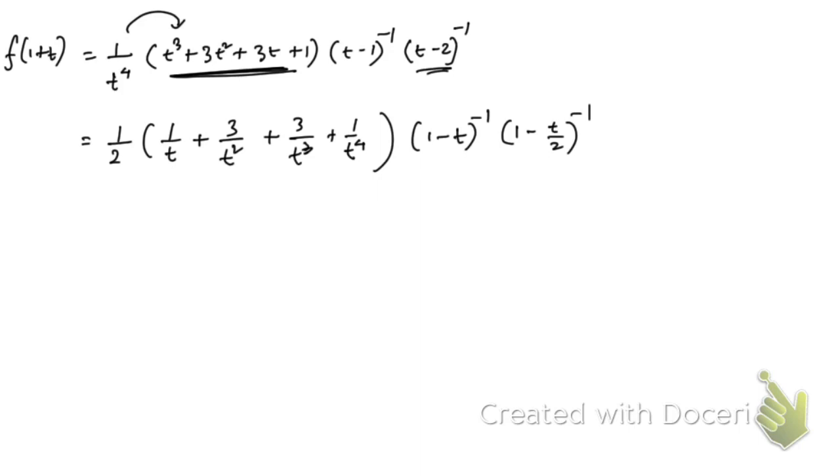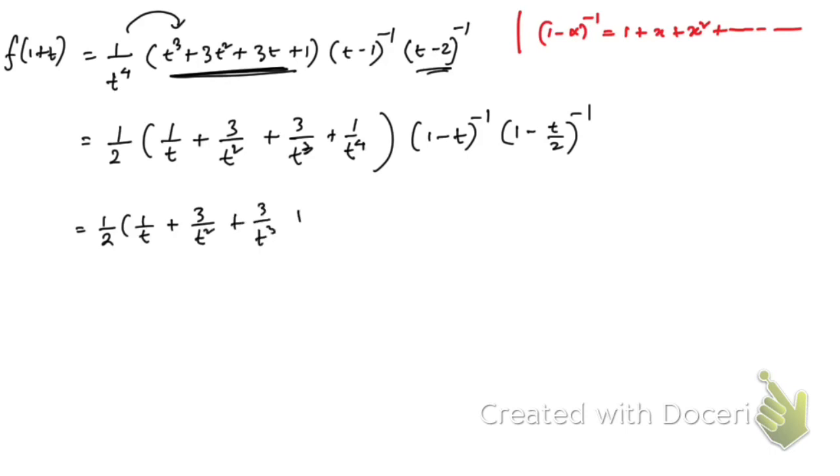So now we are going to expand this using this formula, 1 minus x whole to the power minus 1, that's going to give you 1 plus x, then plus x square plus dot dot dot so on up to nth term, right? So if you apply that, what you're going to have, 1 by 2, 1 by t plus 3 by t square plus 3 by t cube, then plus 1 by t to the power 4.